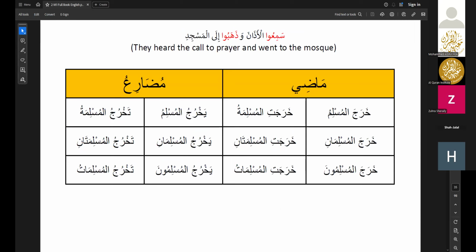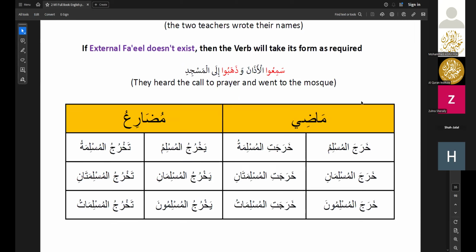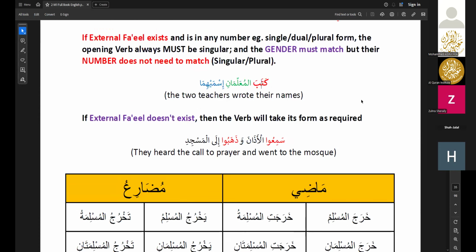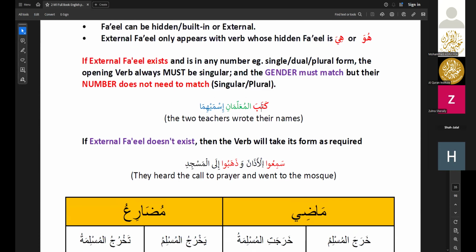The previous one. Sami'u al-adhana, the call for prayer. So here, you said that the fi'l must be singular, so when you start with sami'u, here it is jam'.